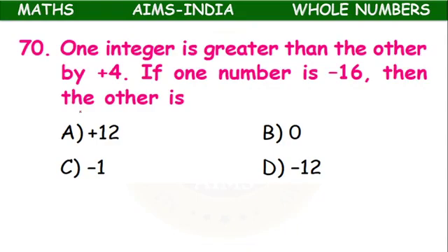Next, 670 question. One integer is greater than the other by plus 4. If one number is minus 16, then the other is what?